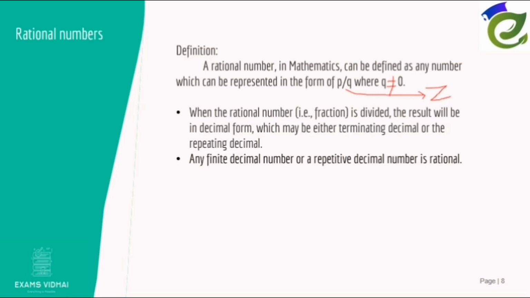When the numerator is divided by the denominator, the result will be in decimal form, which can be either a terminating decimal or a repeating decimal.